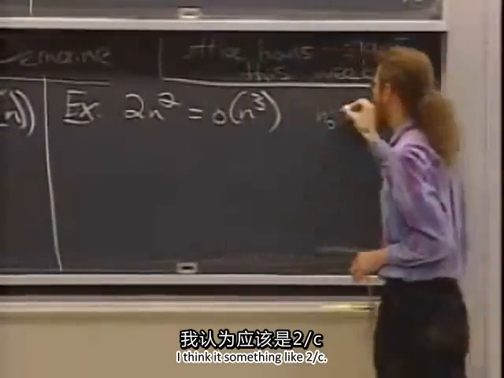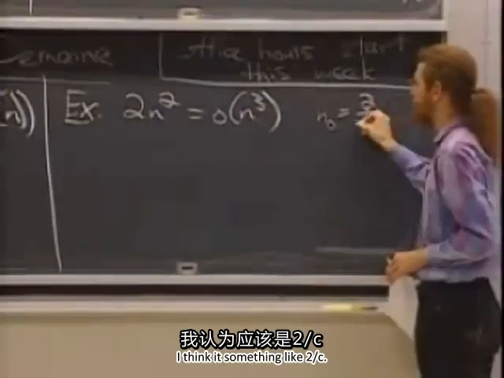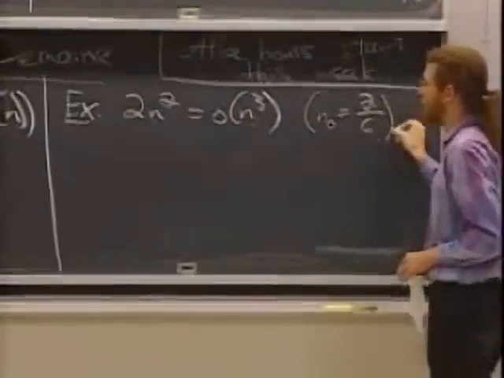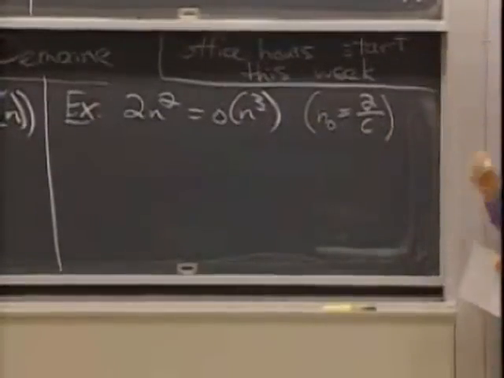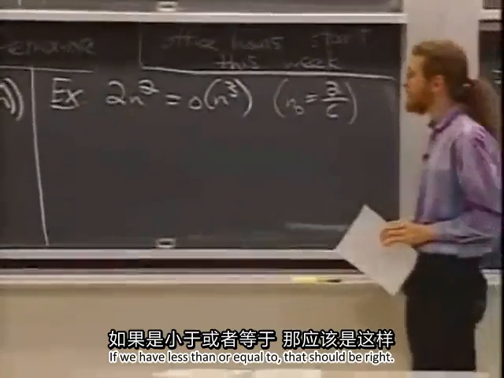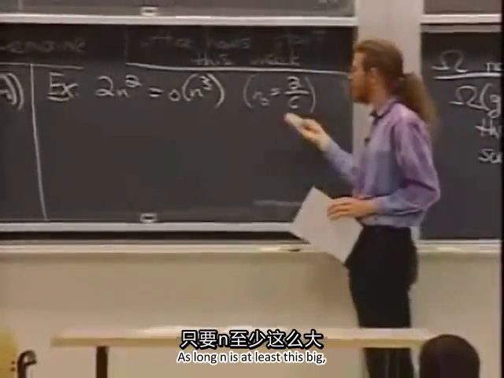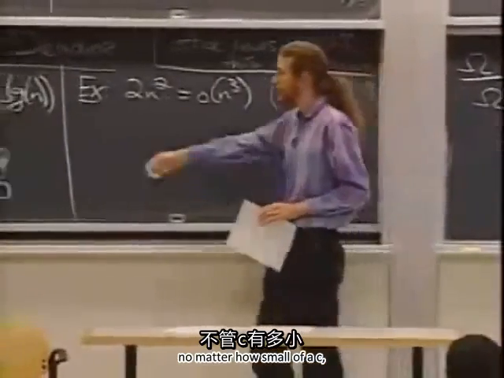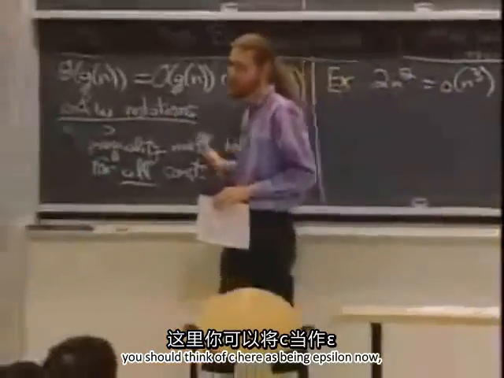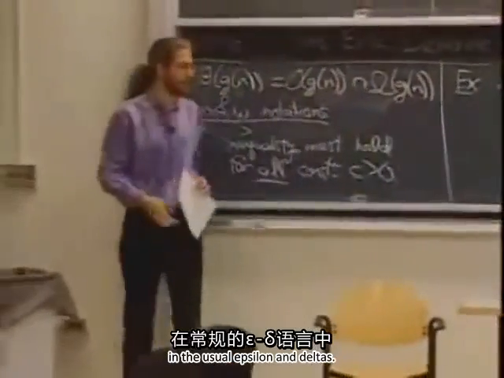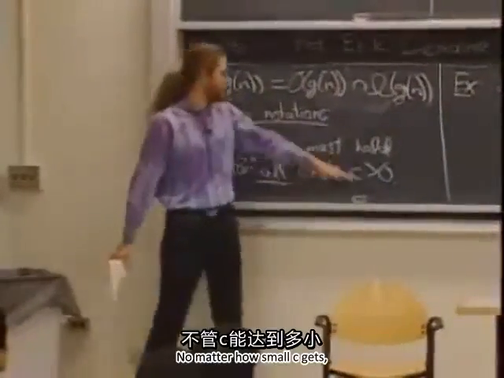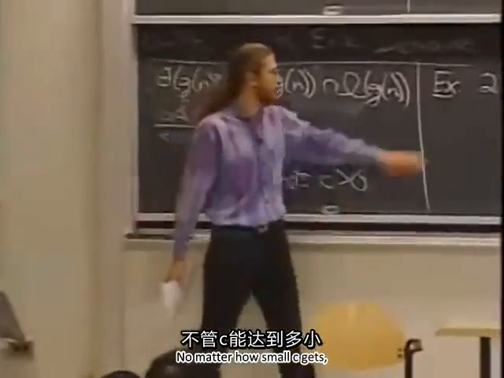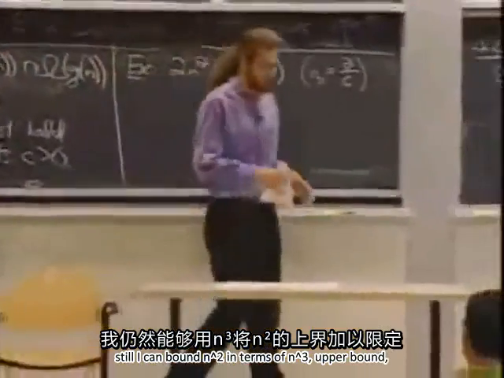I think it's something like 2 over c. If we have less than or equal to, that should be right. So as long as n is at least this big, no matter how small c is, you should think of c here as being epsilon in the usual epsilon and deltas. No matter how small c gets, I can still bound n squared in terms of n cubed, as an upper bound.